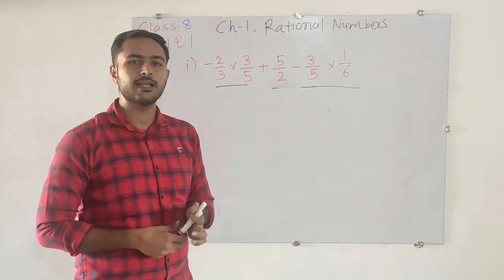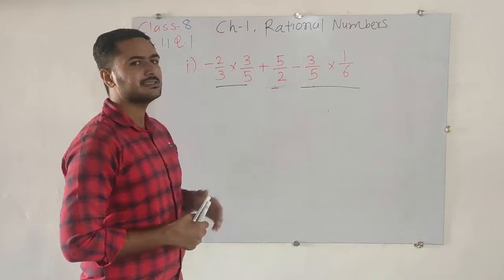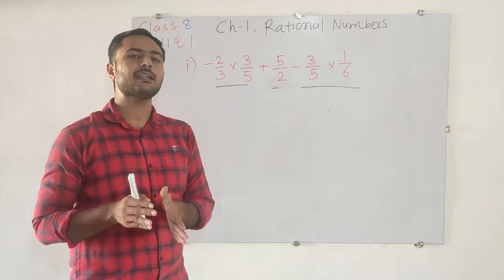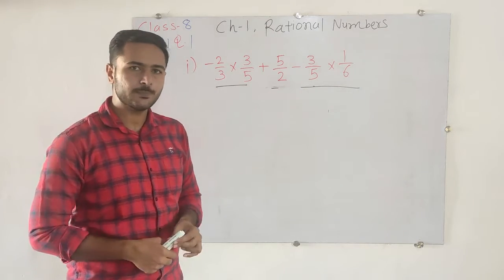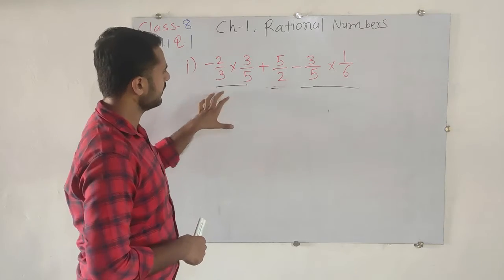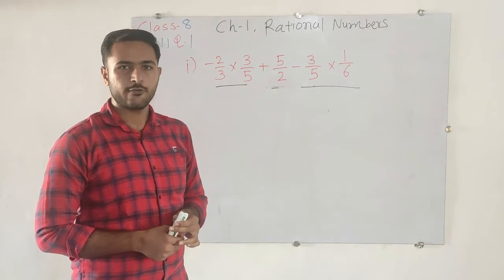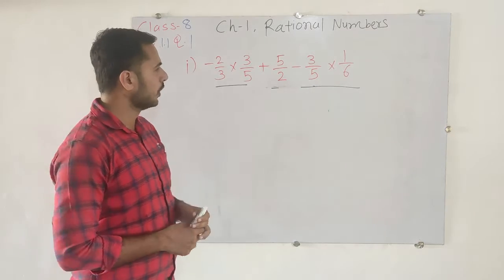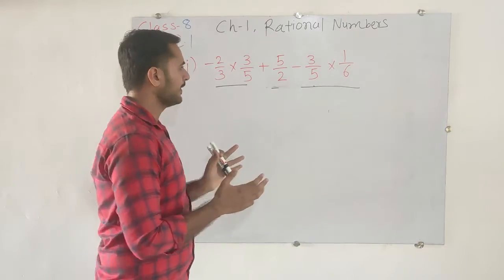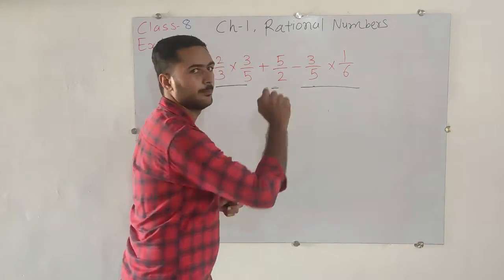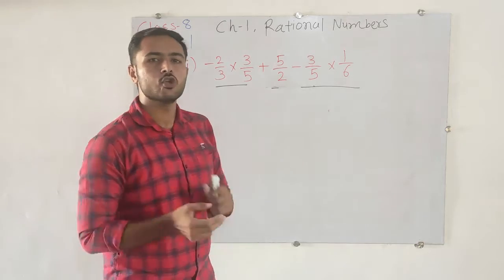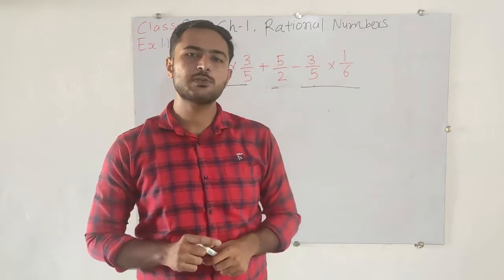Now identify whether, apart from these three terms, there is any number or element that is common. We can see that in the first and the third term, 3 by 5 and 3 by 5 is common. So what I am going to do is shuffle the second and the third term. To shuffle the numbers, which property is it?